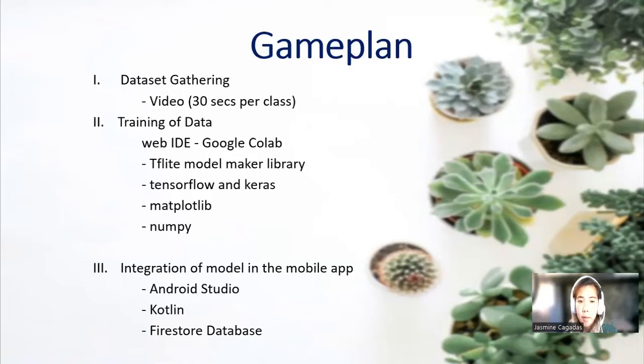The second main step after gathering the data is training the data. I used Google Colab because it's easier and friendlier than Jupyter. And the best part about Google Colab is that it offers a free GPU. Since my GPU is not that high performing, I need a GPU so that the training will be faster. It's more efficient.